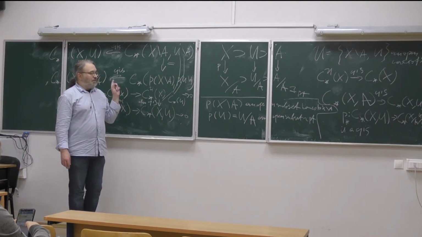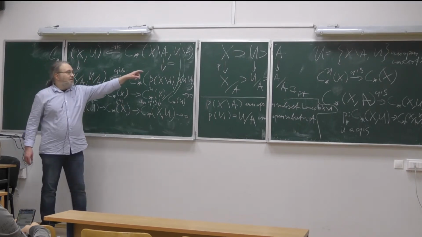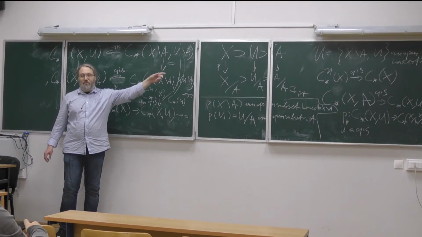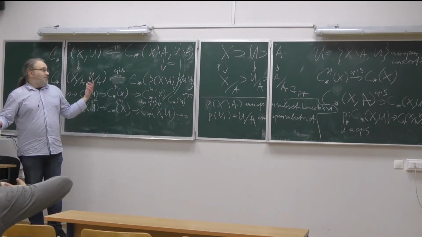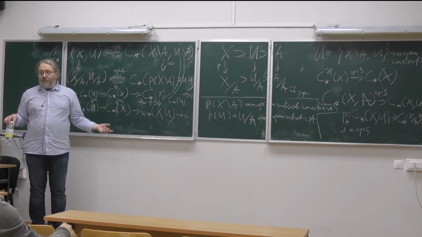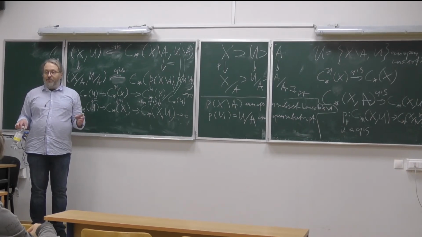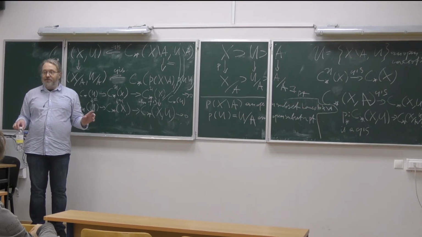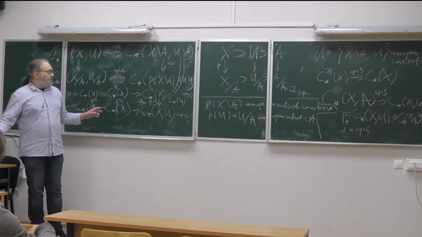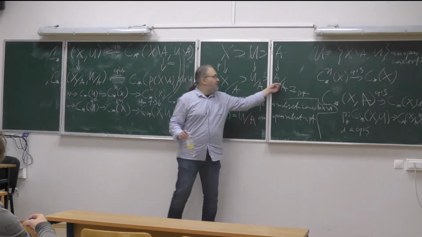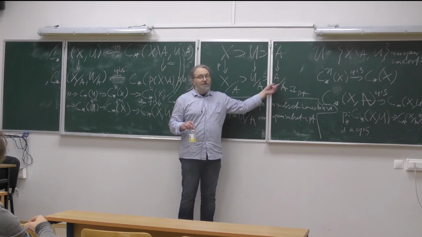Okay, so two remarks. U is open, A is closed, but it may happen that U is exactly equal to A. This is allowed. In which case, A by A will still be a point.